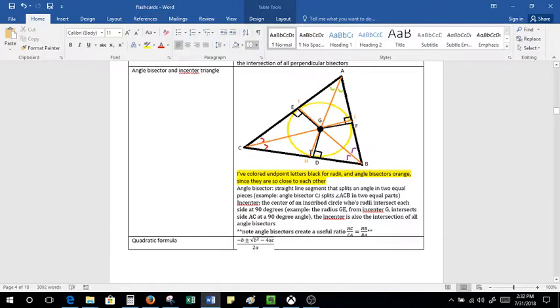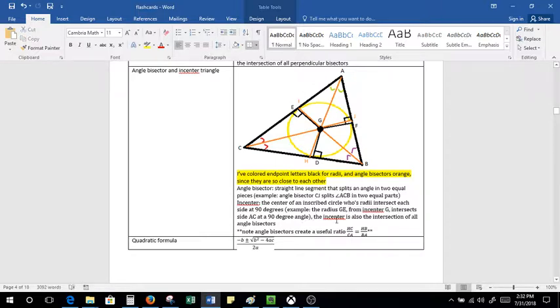And that means we can draw a circle inside of it to perfectly hit each side at a tangent. So an example is radius GE from incenter G intersects side AC at 90 degrees.